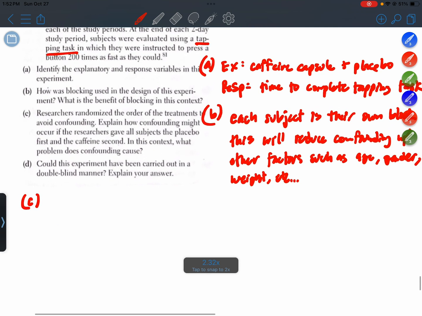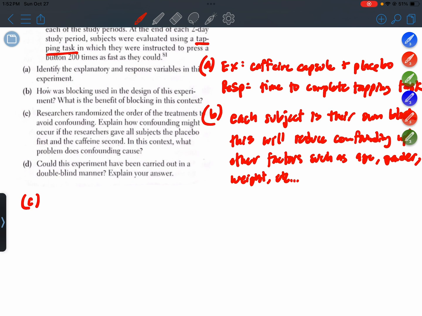Okay, so if you give the caffeine second, then that measurement already has a slight advantage, because now that measurement could be better for two reasons. Maybe the caffeine made the second measurement better, or maybe the fact that it's their second time and they already had experience doing the tapping test the first time, that now that second measurement is better.